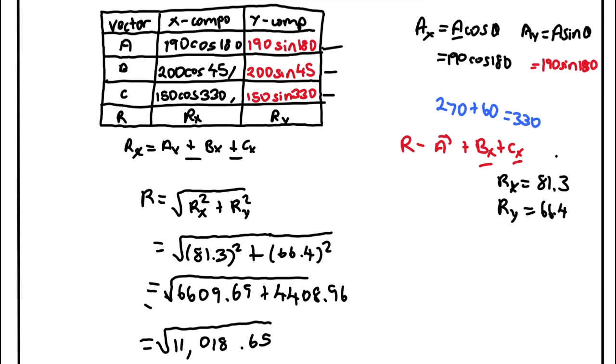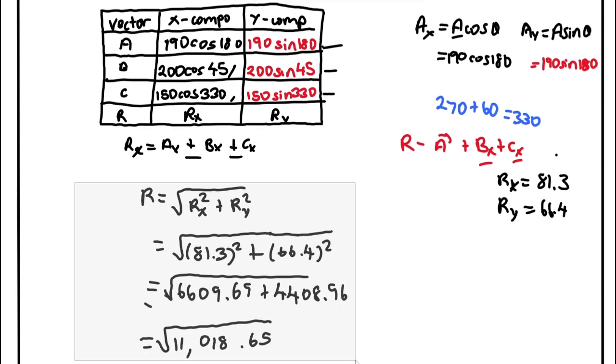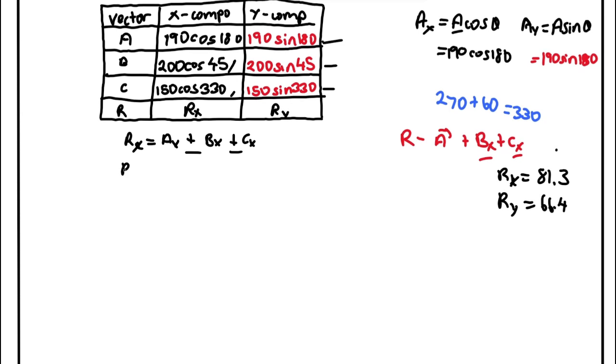So let's change things up. Our Rx in this case is now AX, which is 190 cos 180, minus 200 cos 45, minus our CX, which is 150 cos 330.